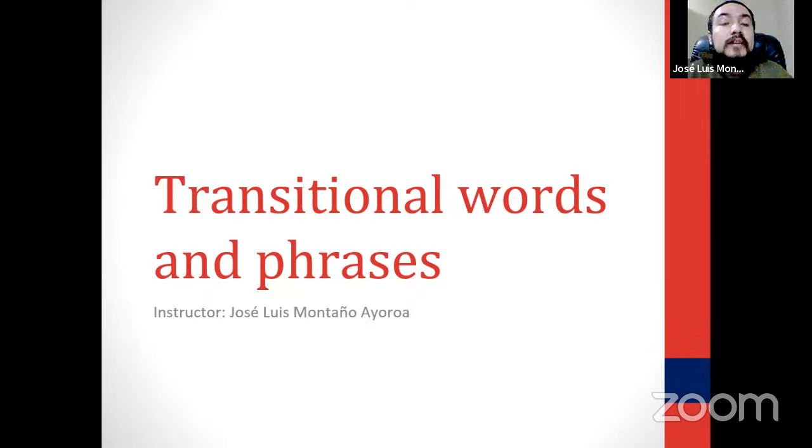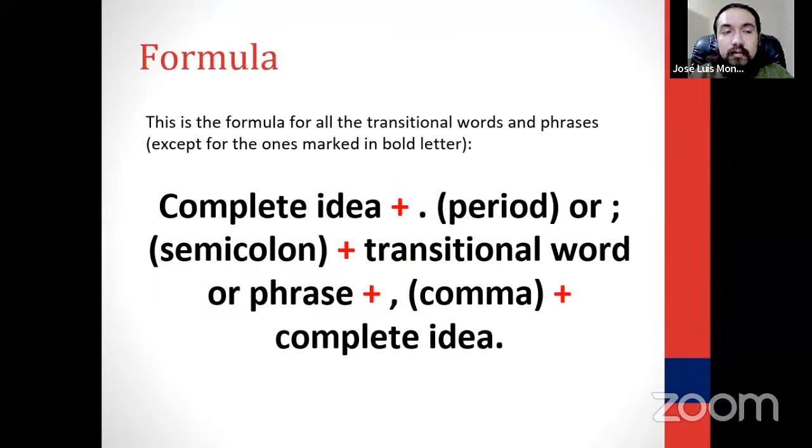Okay, so transitional words and phrases. This is the formula that you should take into account to combine two complete ideas with any of these transitional words and phrases. "However" is the most common one. I went to the party. However, it was not as good as I thought.